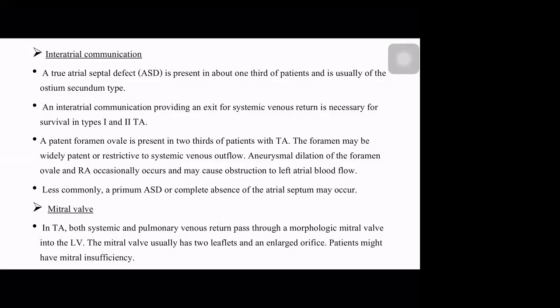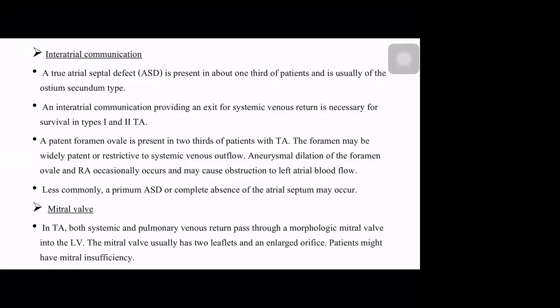In some patients, there could be a patent foramen ovale present, which is in almost 2/3 of the patients. The foramen may be widely patent or restricted. There could be associated aneurysmal dilatation of the foramen ovale or the right atrium, which may cause obstruction of blood flow from the right to the left side.